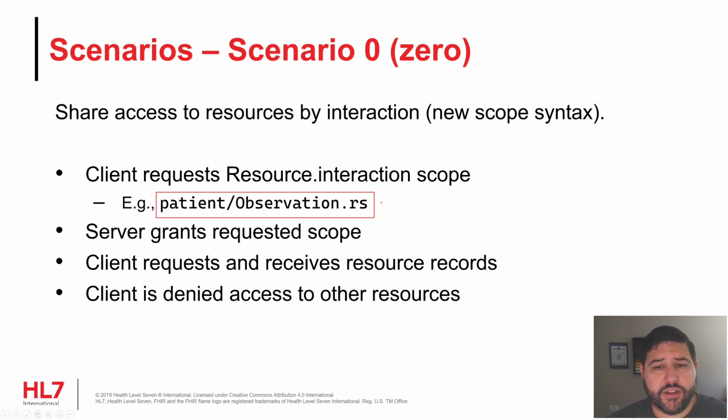If you're on the server side, you need to accept it. You need to put it through if you have your authorization screen and things like that. You need to be able to filter results, reject queries, however you want to handle that. On the client side, again, you need to be able to request them and then perform operations with or without those scopes for testing.